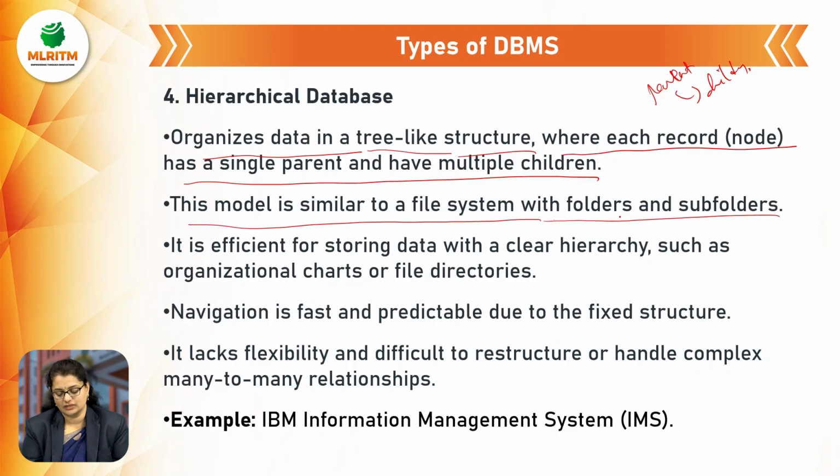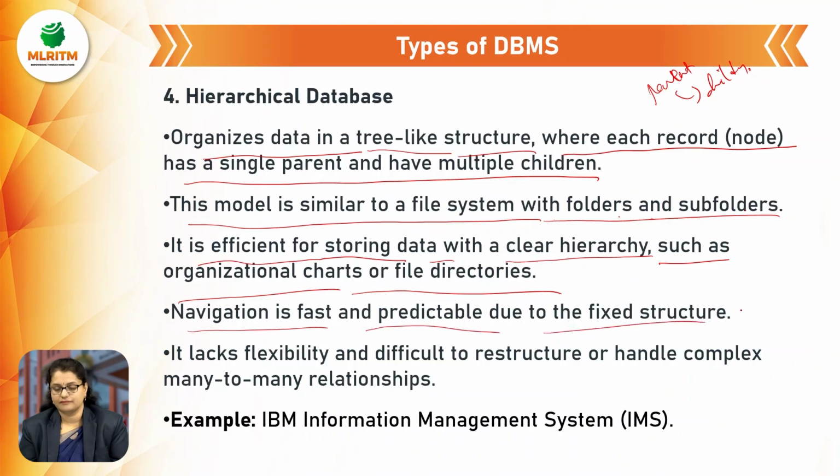It contains folders as well as subfolders. It is efficient for storing data with a clear hierarchy, such as organization staff and file directories. Navigation is fast and predictable due to the fixed structure. The drawback is the lack of flexibility and the difficulty of handling complex many-to-many relationships.